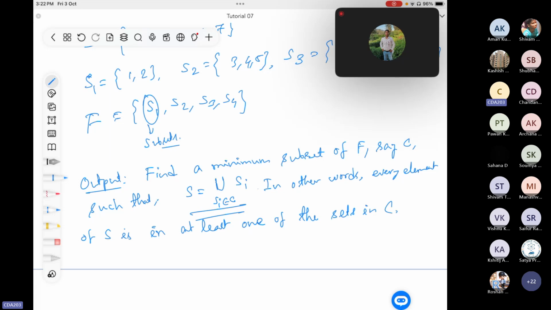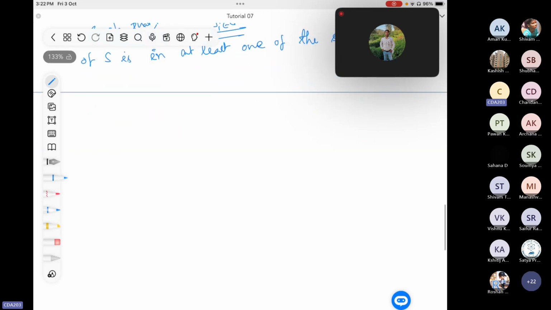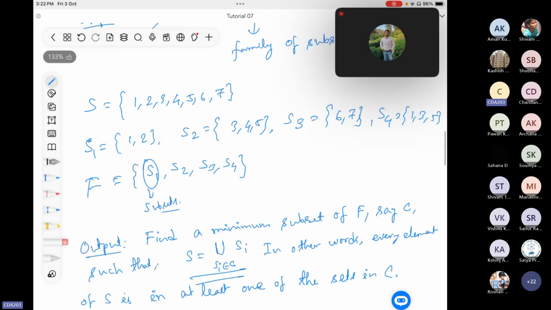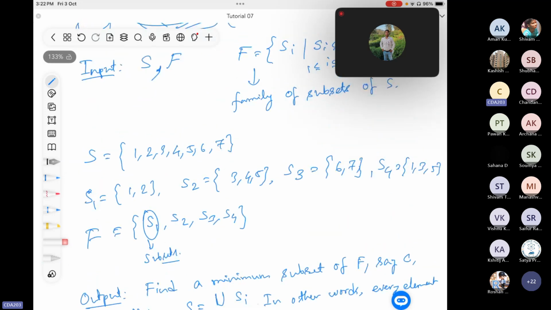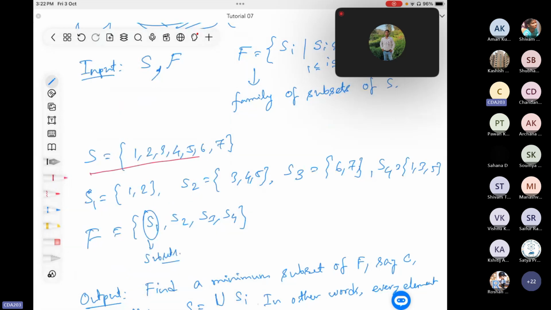So what do we mean by this? Let's see an example. This C is called a cover. Let me explain. We take the same example. Take a look at these sets, S1, S2, S3.